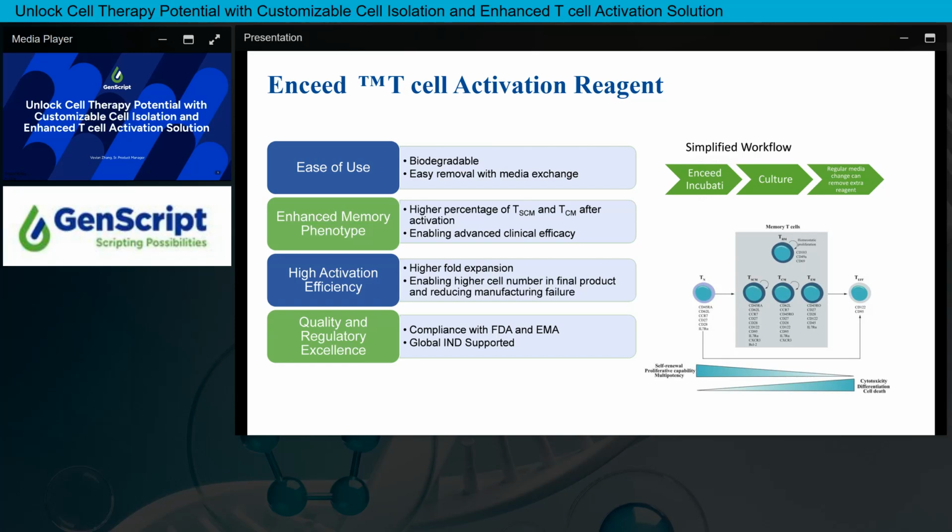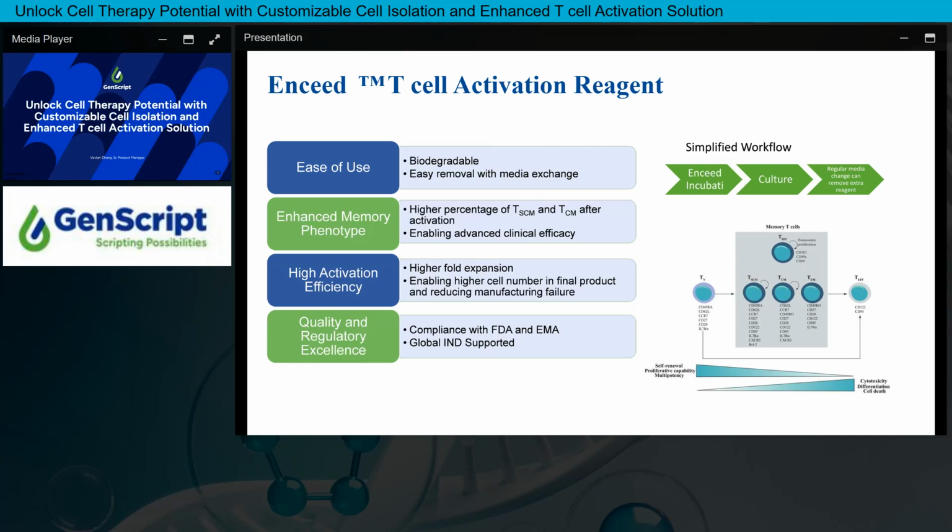In addition to that, with the advanced capability of antibody screening and selection from GenScript, we're able to select the best clone to enable a higher percentage of TSCM and TCM, which can deliver an enhanced memory phenotype and potentially enable advanced clinical efficacy.